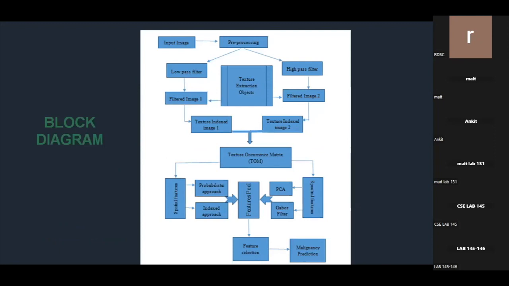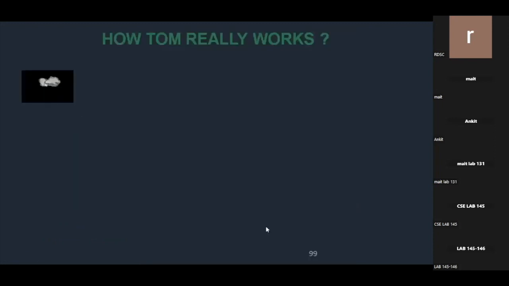We use the filters, use the filtered image, find the textured image, and then create one common matrix, the texture occurrence matrix, TOM. Earlier it was GLCM, then we extended that to clone, and then to TOM. Once the TOM is there, we have the spatial and spectral features. We created new feature extraction approaches using these, and then we compared the predictions.